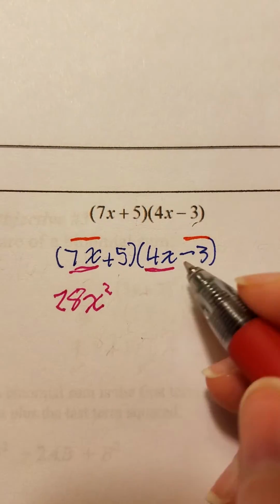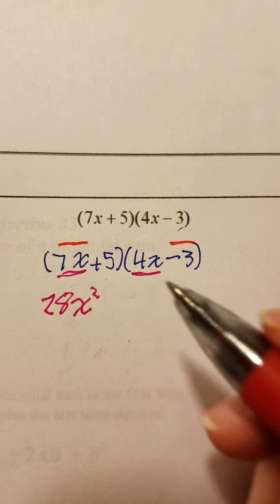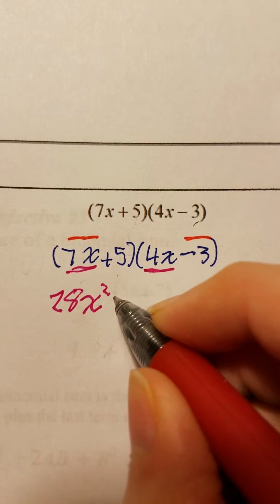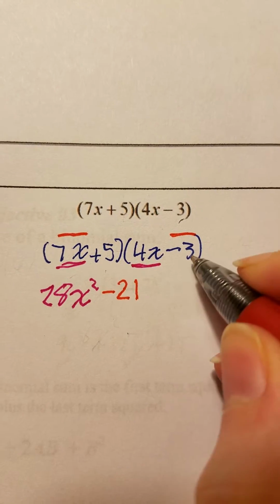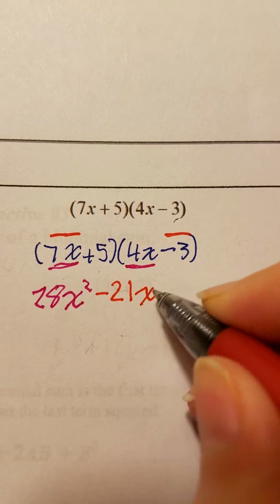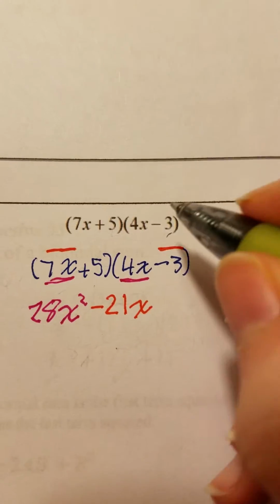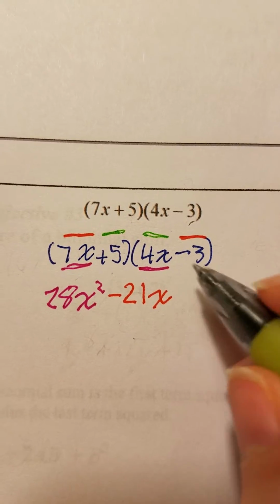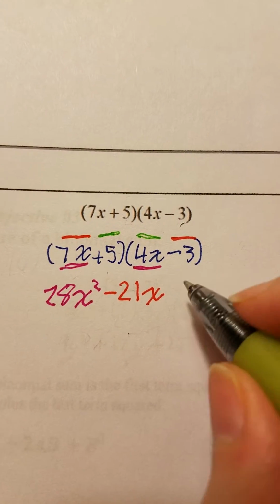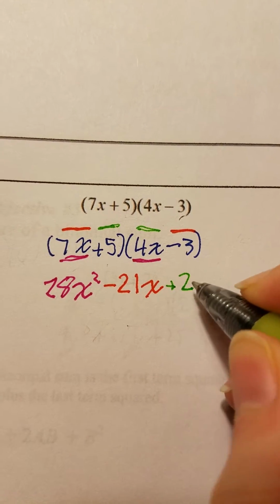Now, your outer, which will be up here and here. So your two outer terms, what is 7x times negative 3? Well, 7 times negative 3 equals negative 21. And you don't have an x over here, so you just put that little x right there. F-O-I, I for inner. So you do 5 times 4x. What is 5 times 4? 5 times 4 equals 20.